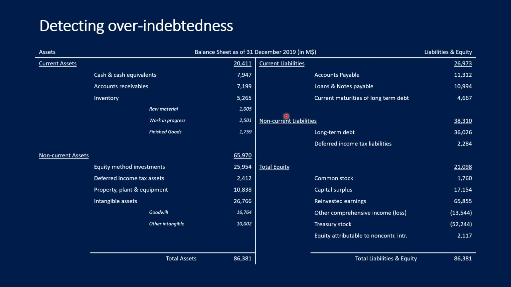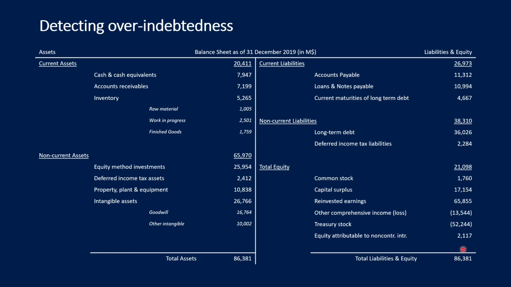And of course, we have to watch for the equity, because if the equity turns out to be negative, the company is also over-indebted. Now, we can calculate a ratio of the liabilities as of total liabilities and equity, and we can define this as the debt ratio.